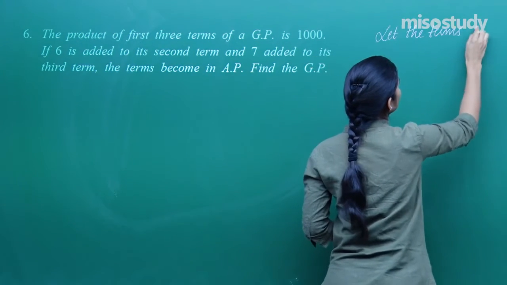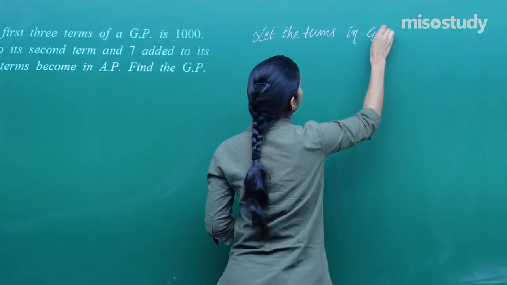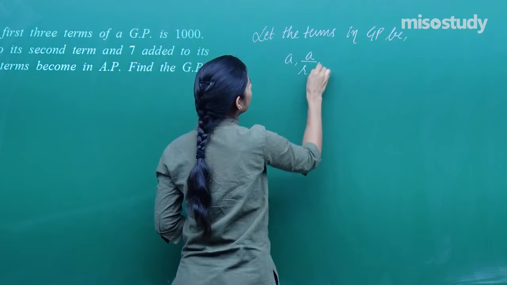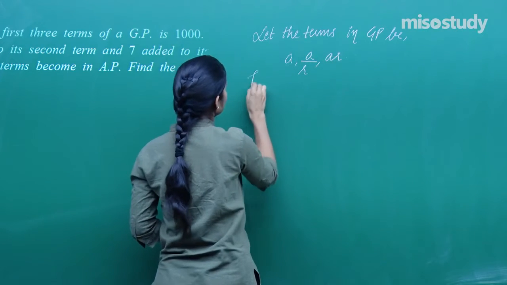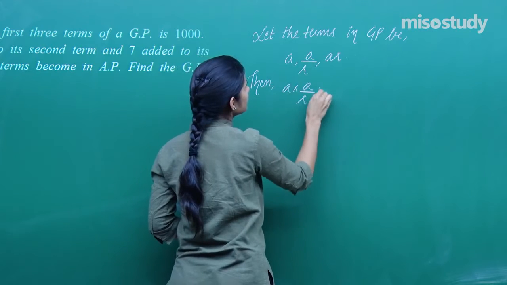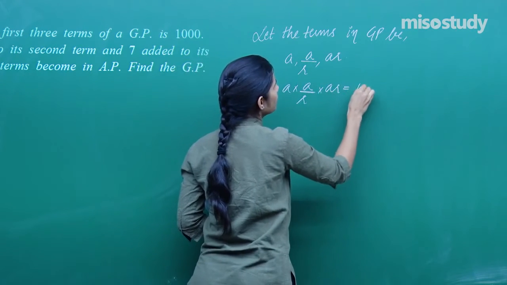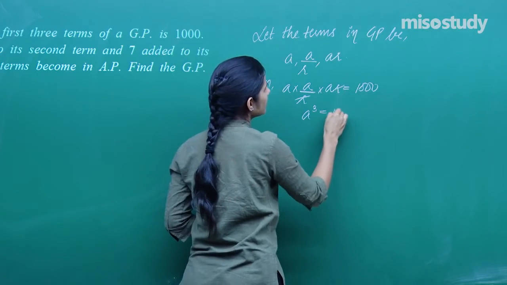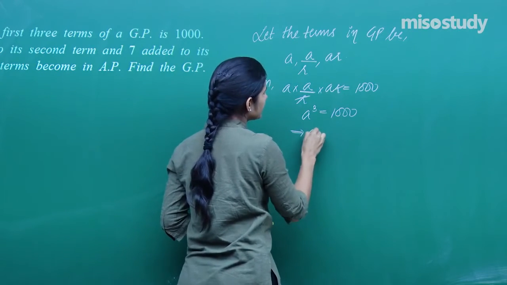of a GP. Let the terms in GP be A by R, A, and AR. It is given that the product of these 3 terms is 1000, R and R cancel out, you get A cube is 1000, which implies A is 10.